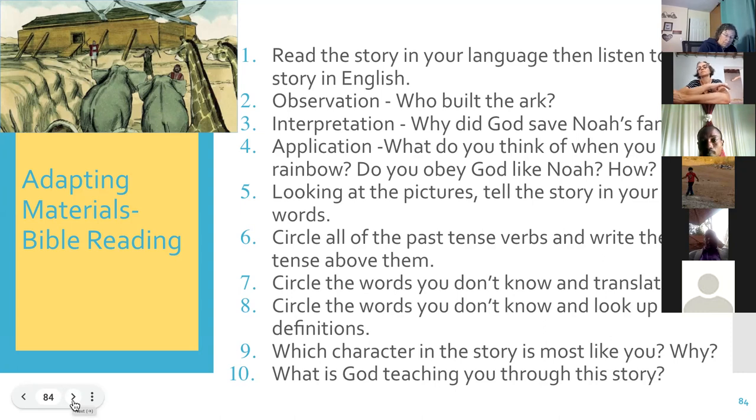And then application is the third type of question. These are the same questions we use in our inductive Bible studies. The application question is when you apply it to yourself in your own life. So it could be a simple thing like, what do you think of when you see a rainbow?